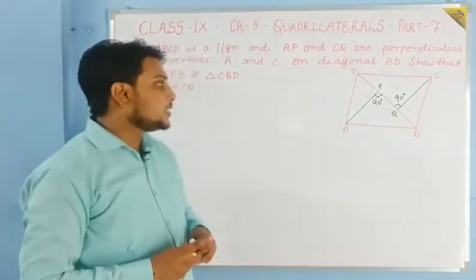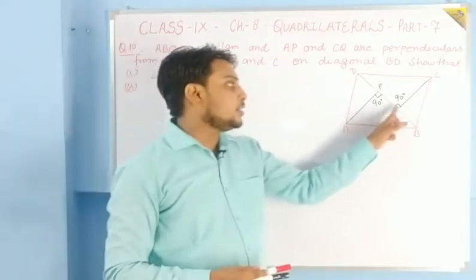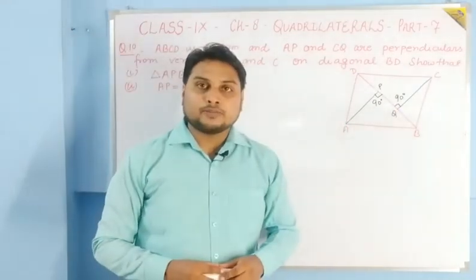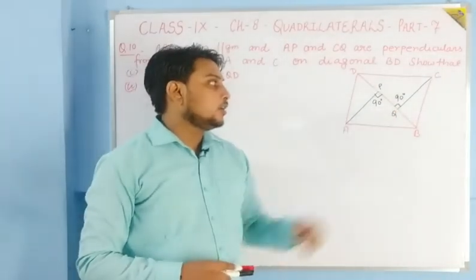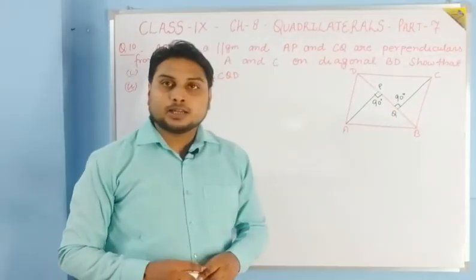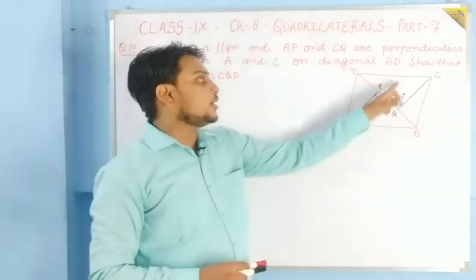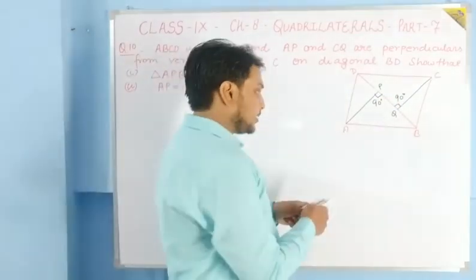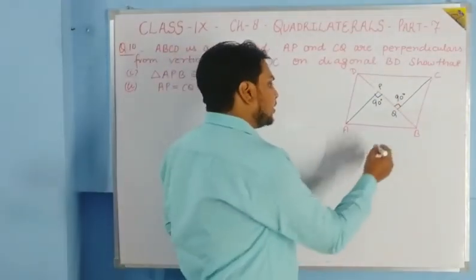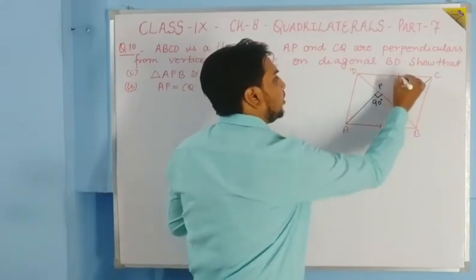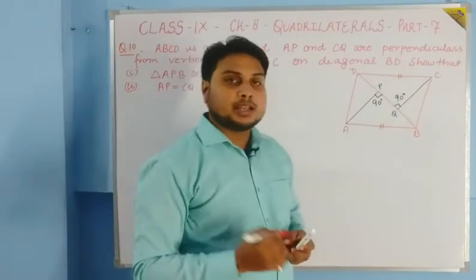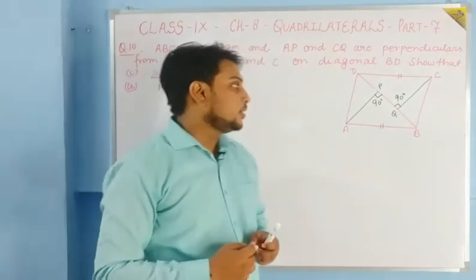So the first thing is that we are having angles, one angle. And what else can we see in these two triangles? We can say that the side AB is equal to the side CD. So we are having one angle and one side.